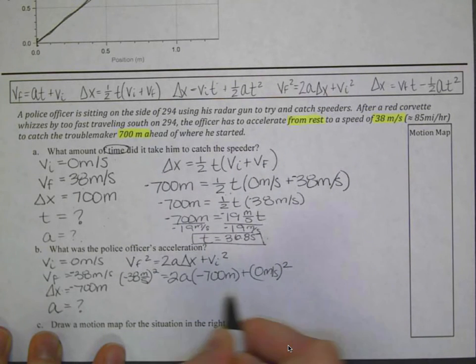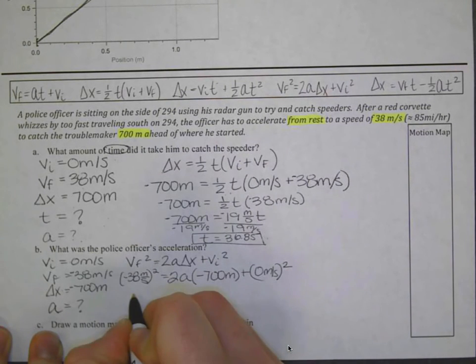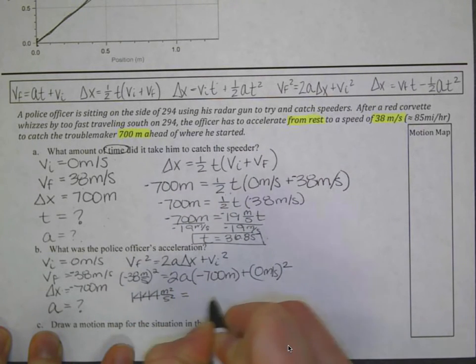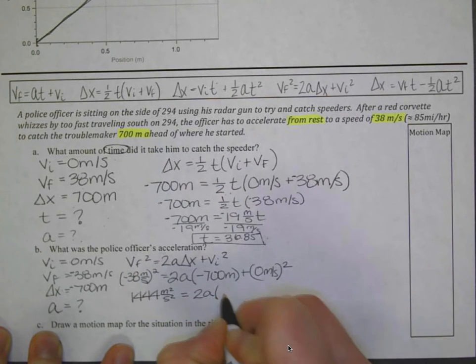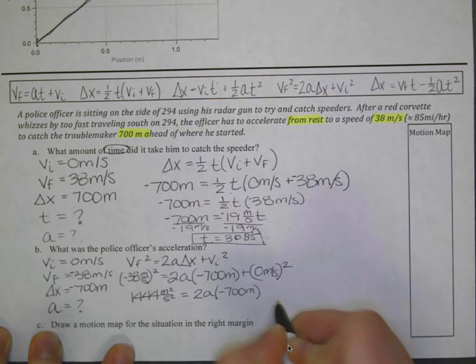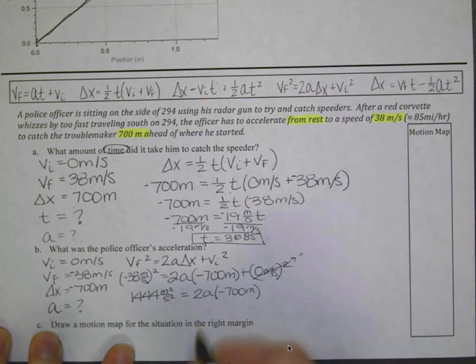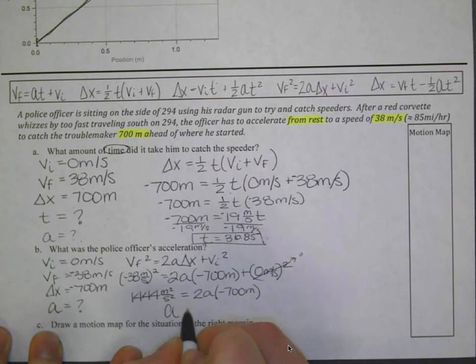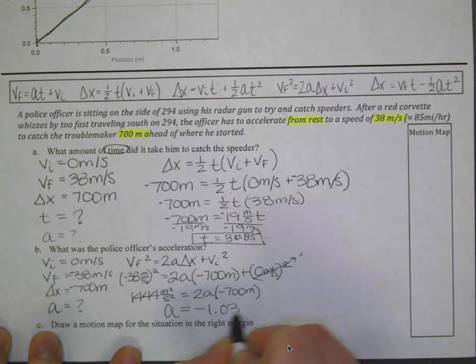Once you simplify this, that goes to 1,444 meters squared over second squared is equal to 2a times negative 700 meters. That reduces to 0. And divide both sides by 2, divide both sides by negative 700, and you have an acceleration of negative 1.03 meters per second squared.